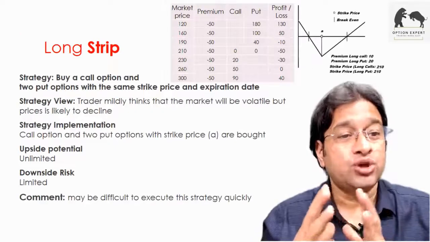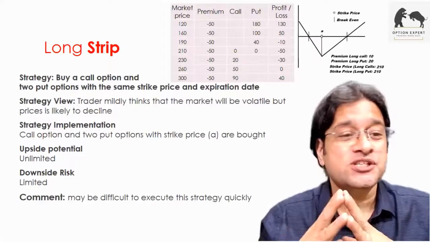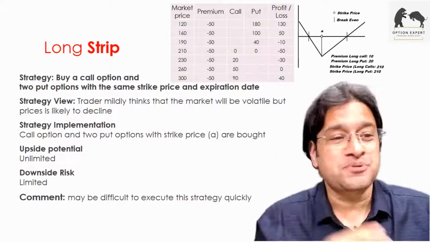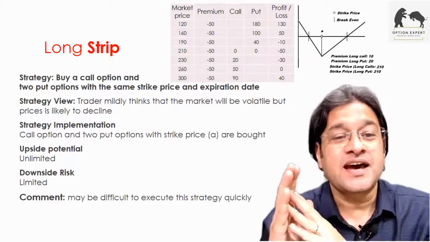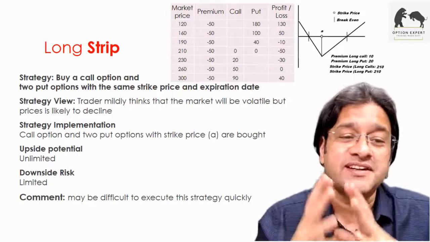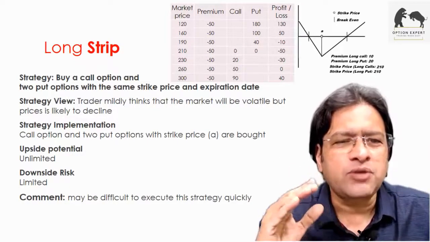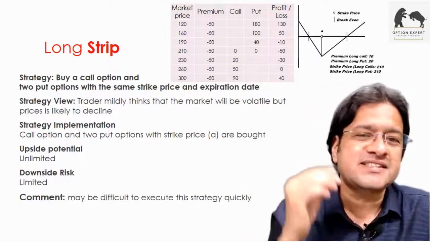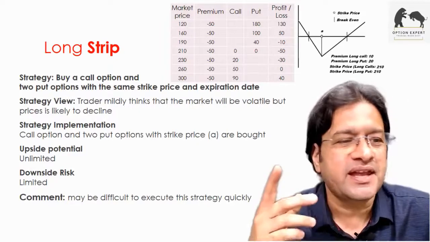Now we come to the long strip. What is a long strip? Here, the strategy is to buy a call option and two put options with the same strike price and the same expiry date. Why are you trying to do this? Here, the trader thinks that the market will be volatile, but the price is likely to decline. So he wants to get that extra advantage with the put, actually buying an extra put.